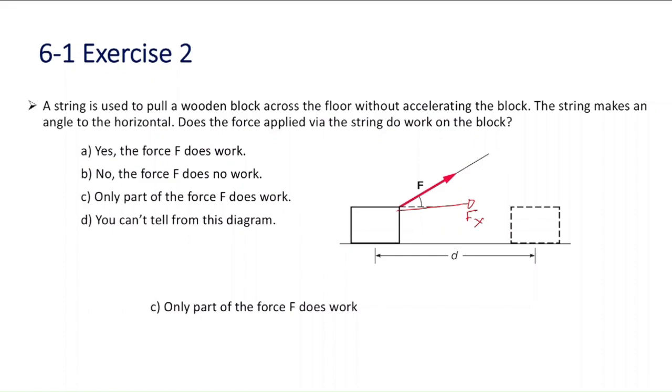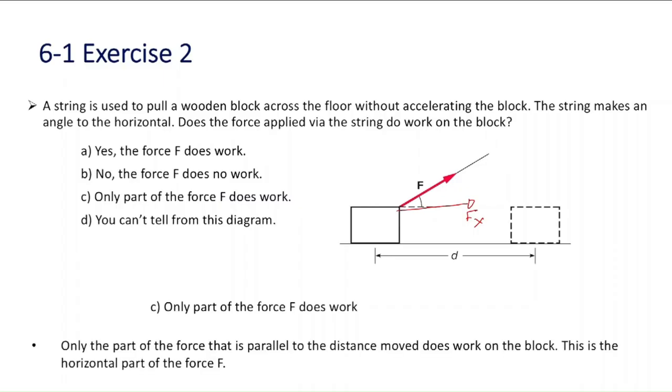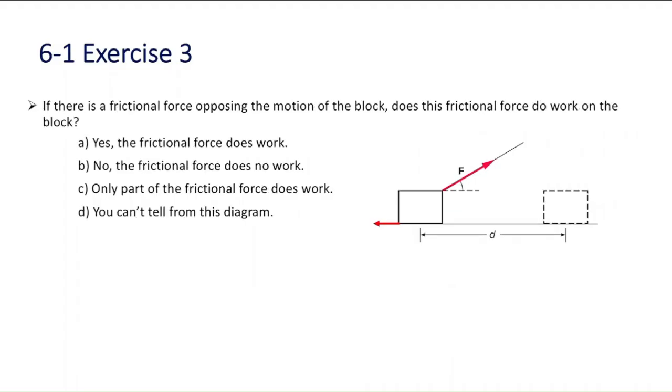So in this case, that's the horizontal component of the force. The vertical component doesn't move the block along the floor, so it doesn't do work. So remember, whenever a force is applied at an angle, only the component parallel to the displacement counts towards work.